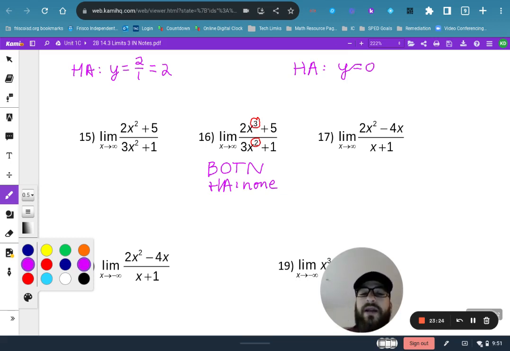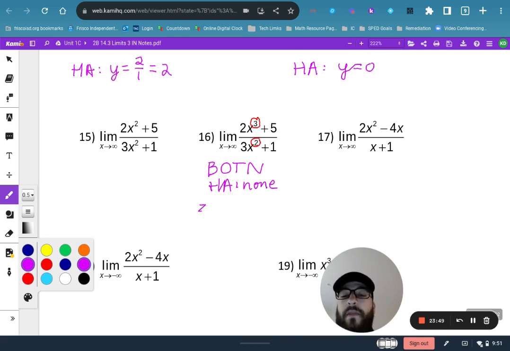So I want to plug in a number going in that direction. And I want to plug in a number that's going to be pretty easy for me to evaluate, but is positive. It's going to give me a pretty good idea of what value I'm going towards, positive infinity or negative infinity. So I'm going to go ahead and plug in 10. 10 is going to be sufficiently far enough away in that direction to give me a good idea of what's happening, and it's going to be fairly easy to do some math with.